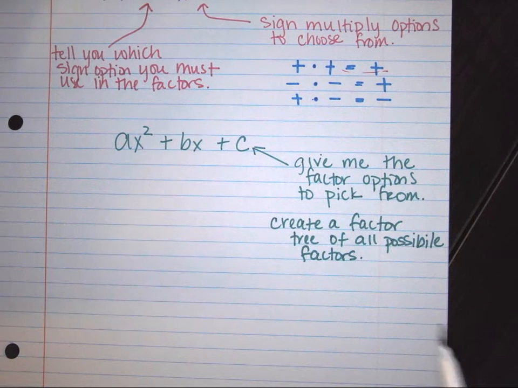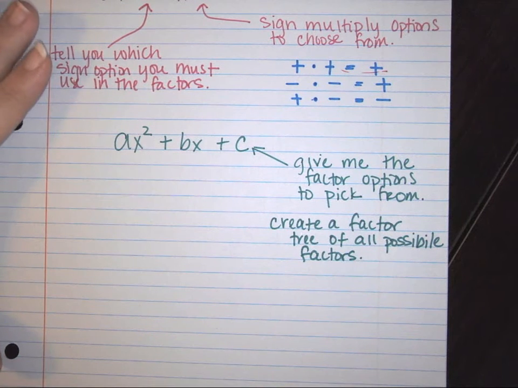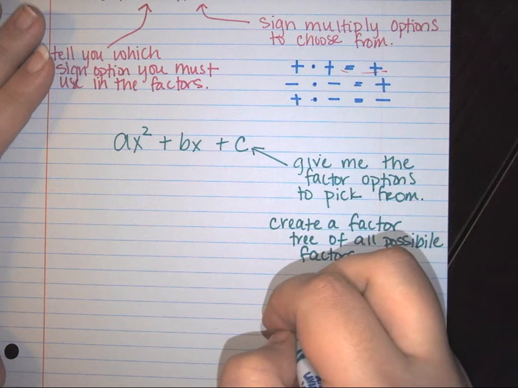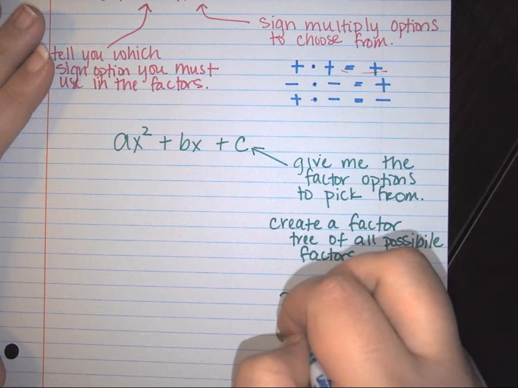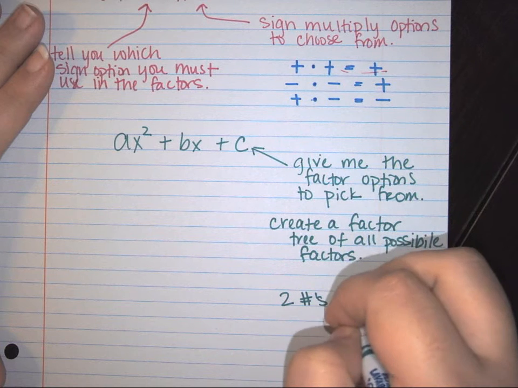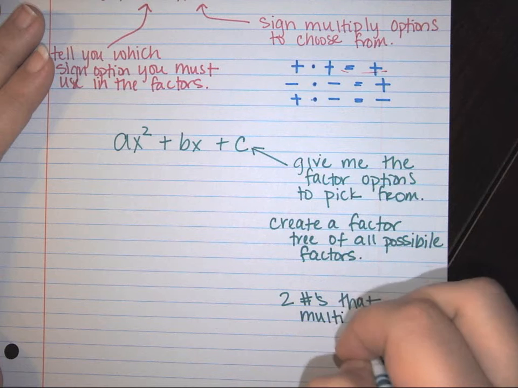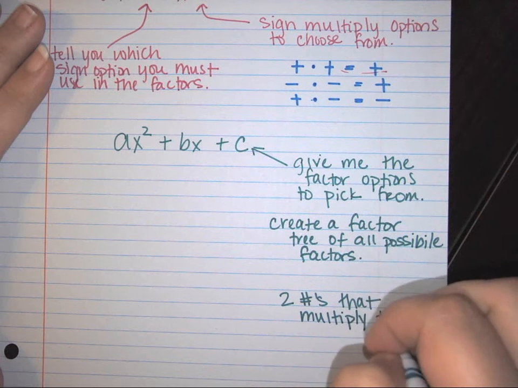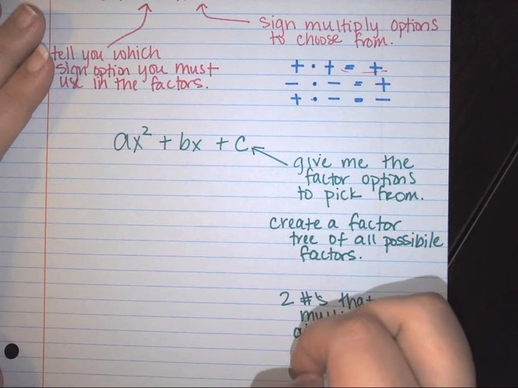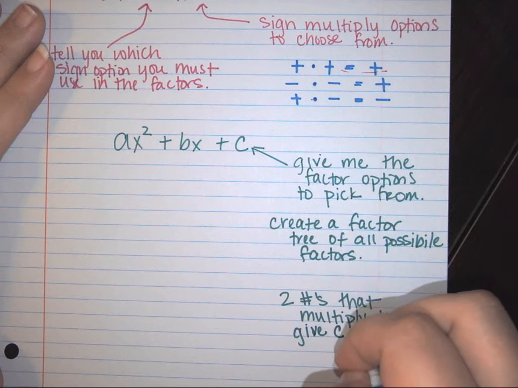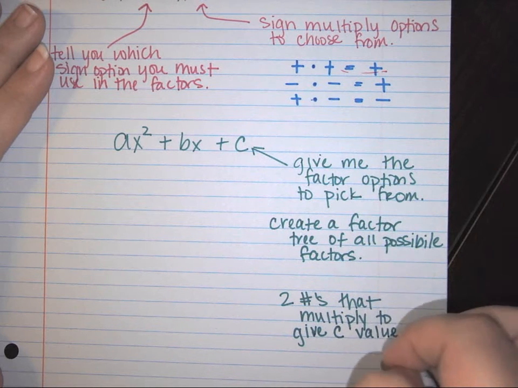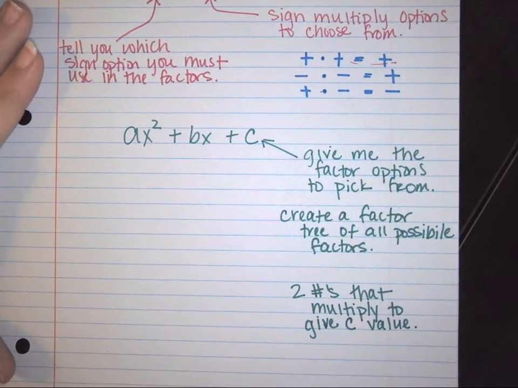So in other words, you're looking for your factors, meaning two numbers that will multiply together and give you c. So we are looking for two numbers that multiply to give the c value. Okay, that's essentially what we're doing.